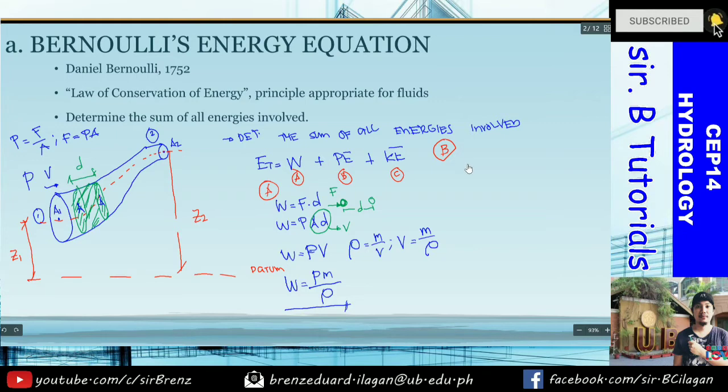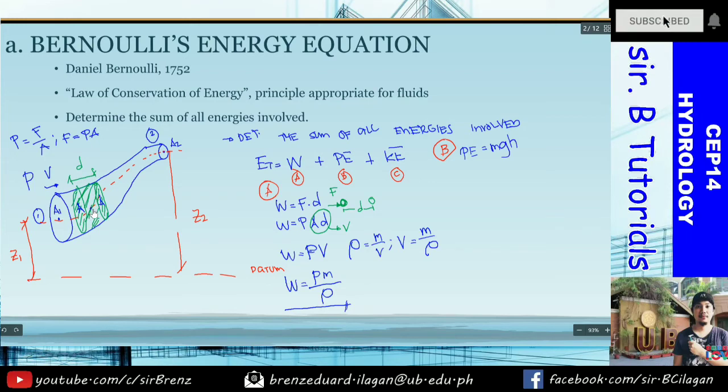And also in your dynamics, the potential energy has an equation of potential energy is equal to mass times the gravitational acceleration multiplied by the height. But here, the height we will consider is Z, or the point coming from the datum up to the distance that we are analyzing.